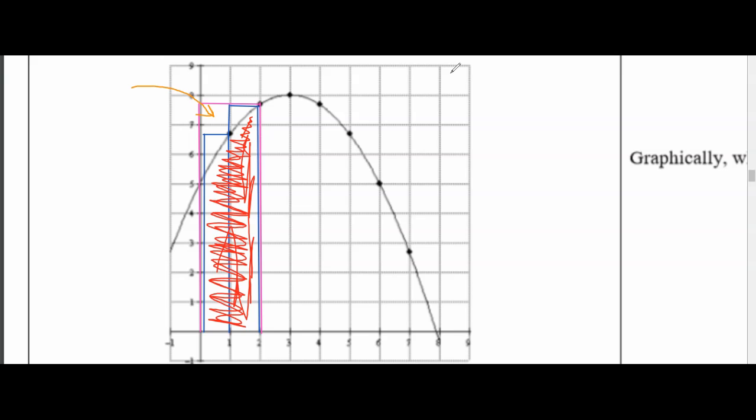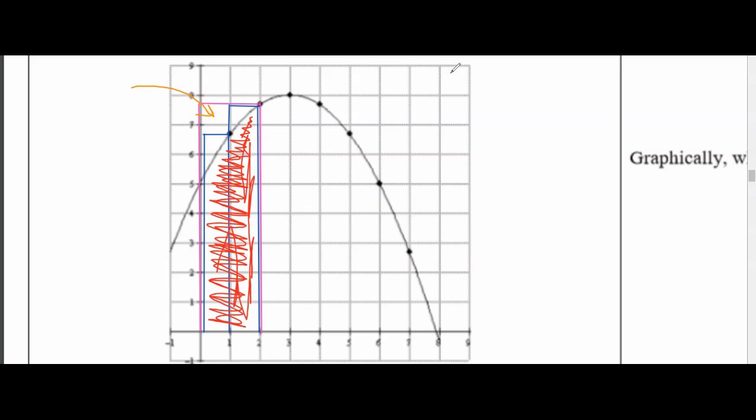So as we continue to increase the number of rectangles we use, our estimate gets closer and closer to the actual value of the area under the curve.